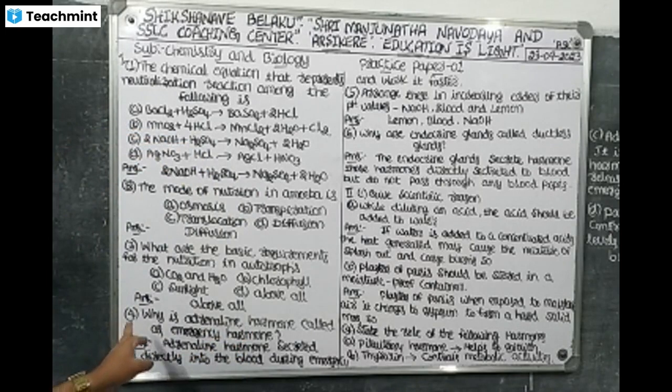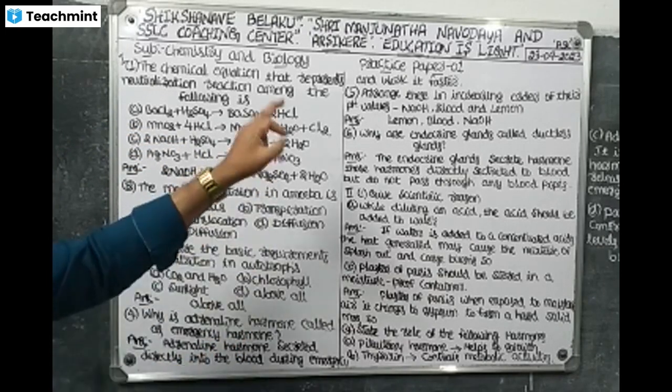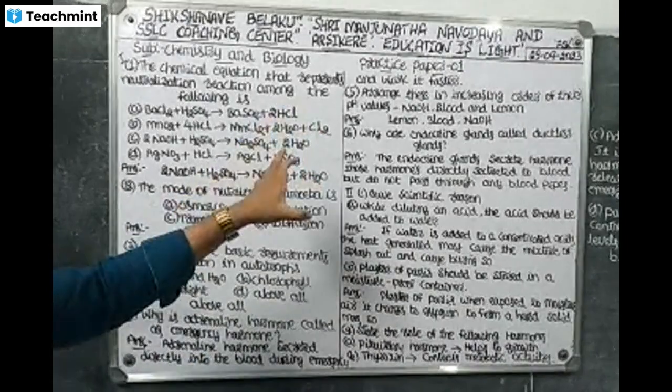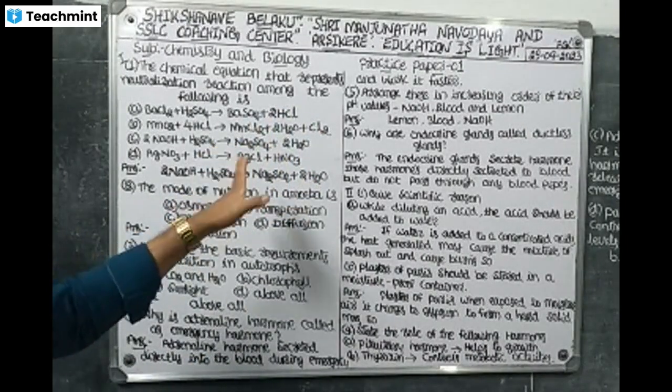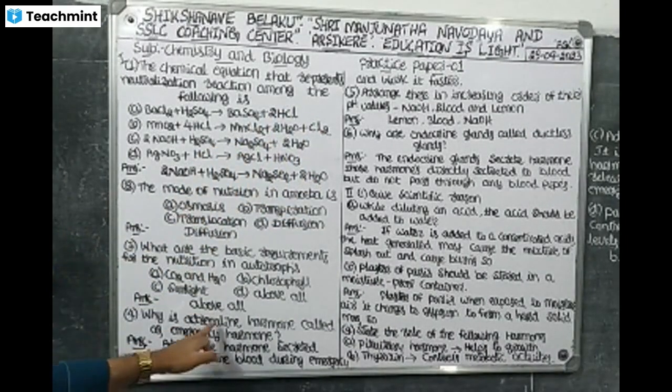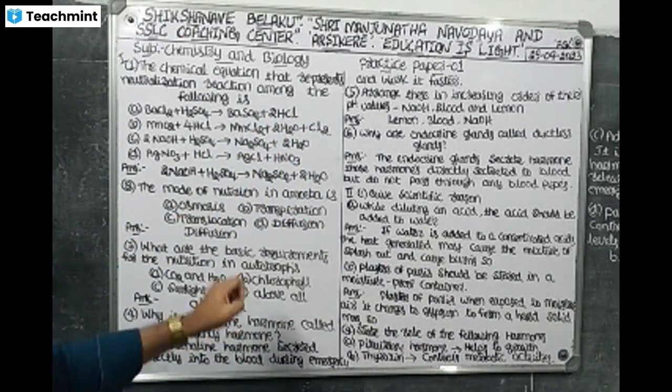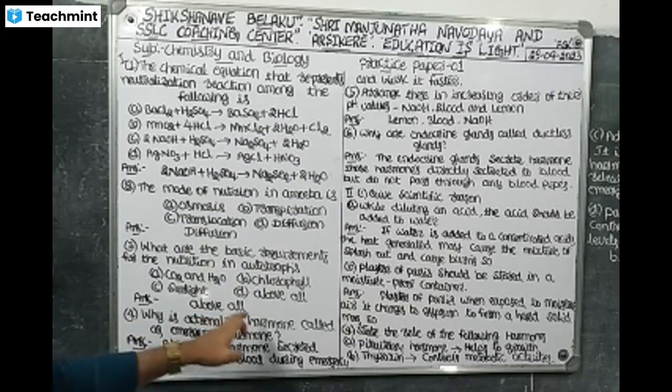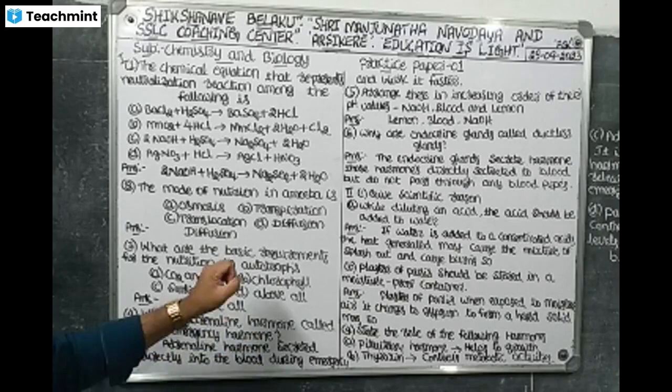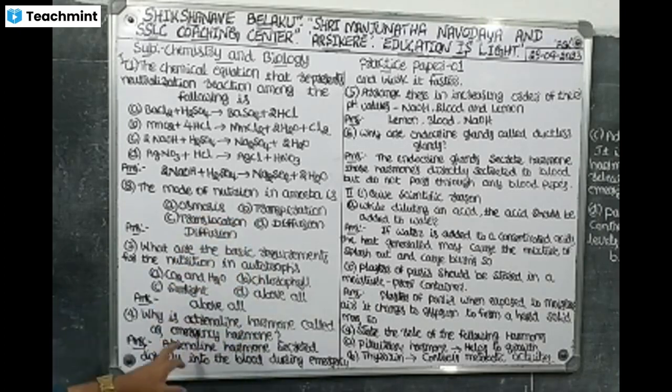Otherwise, the person will die. If adrenaline hormone is not secreted during an emergency situation, the person will die immediately. For that reason it is known as the emergency hormone.